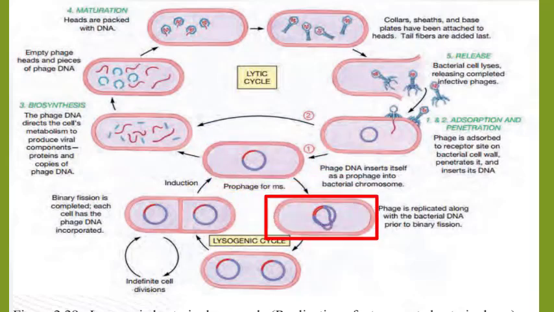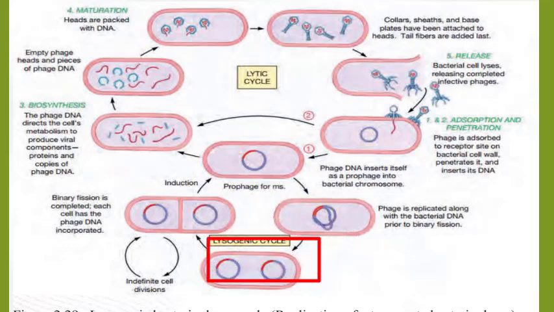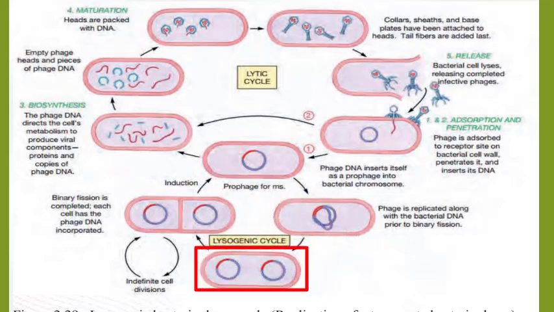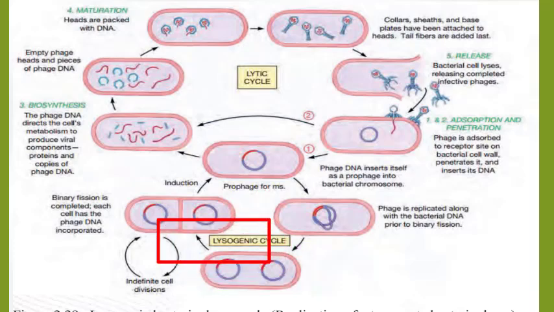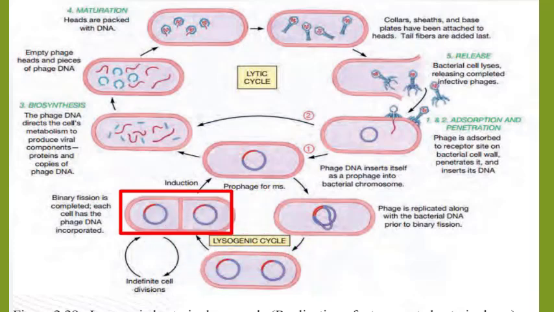The fourth step is latency. The prophage remains dormant and is replicated along with the host's DNA during cell division. That means the prophage is replicated along with the bacterial DNA before binary fission or cell division. The fifth step is propagation. Each time the host cells divide, the prophage is passed on indefinitely.